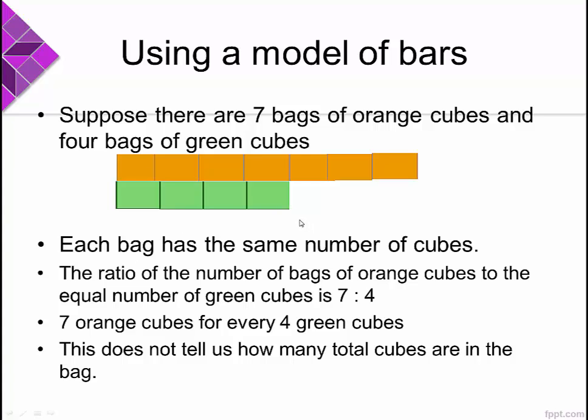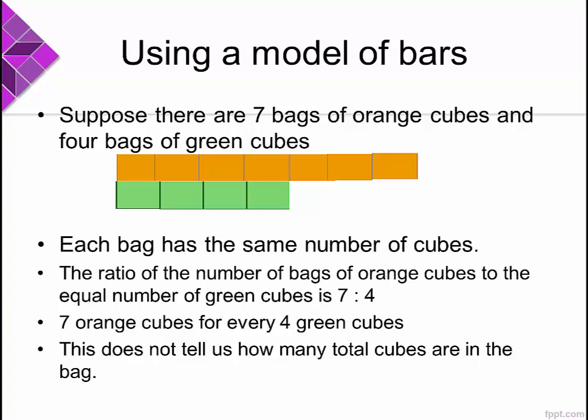The ratio of the number of bags of orange cubes to the number of bags of green cubes is 7 to 4. This tells us 7 orange cubes for every 4 green cubes.